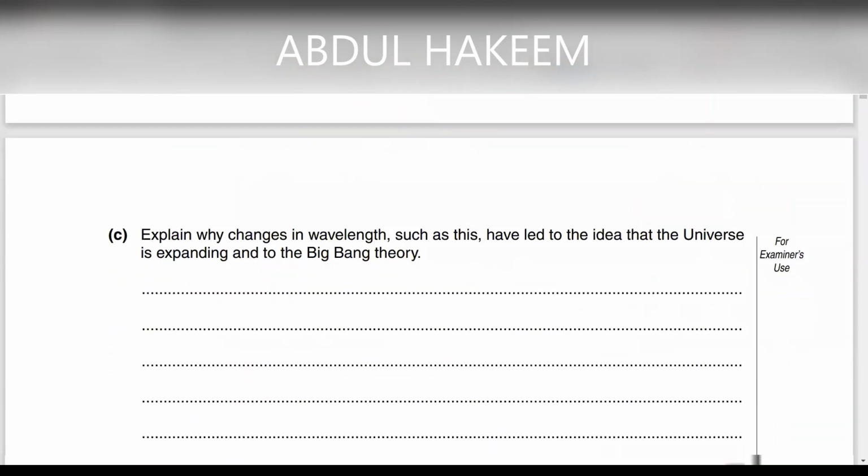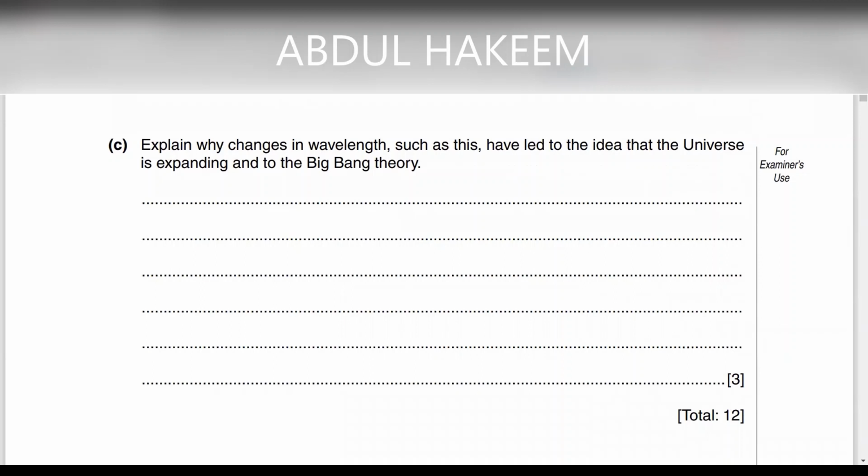Next, part C is: explain why changes in the wavelength such as this have led to the idea that the universe is expanding and to the Big Bang theory. Look, according to the formula, v is equal to H naught d. So this is the recessional velocity and this is the distance.